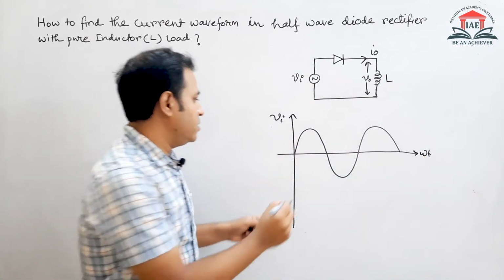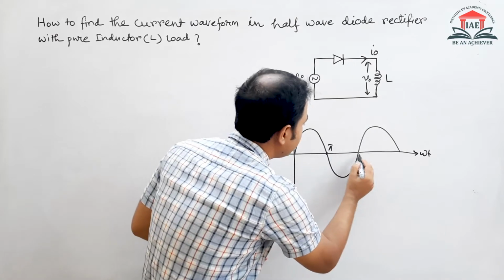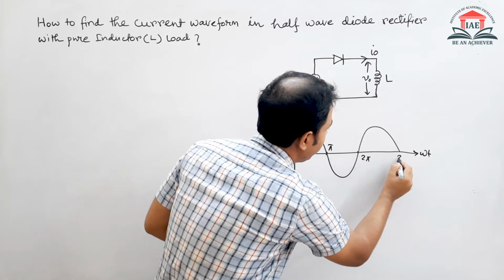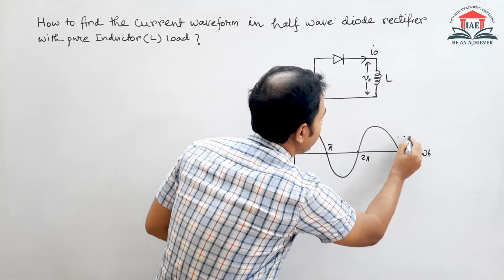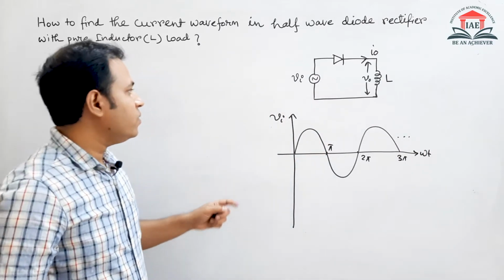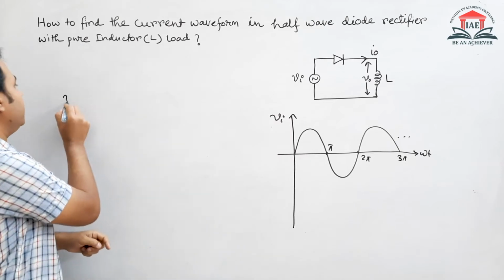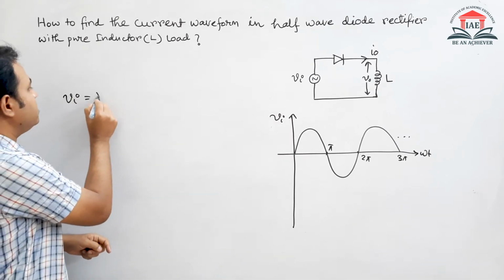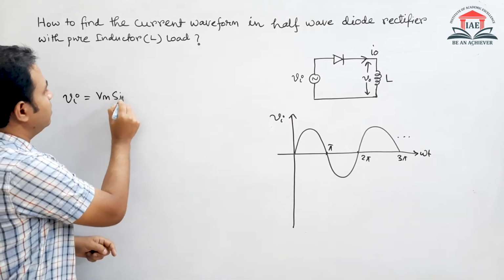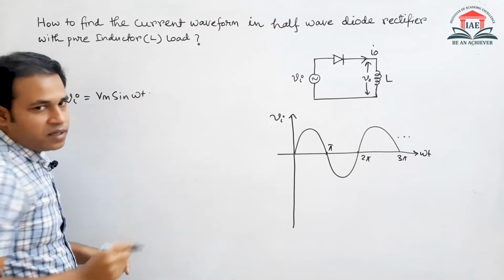This zero crossing point is pi, this zero crossing point is 2 pi, this is 3 pi, and so on. Now from the circuit diagram we see that the input voltage Vi, we can write it as Vm sin omega t.